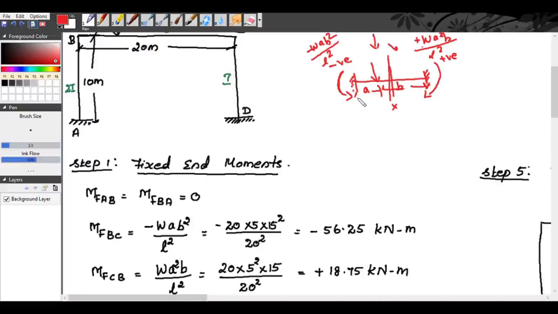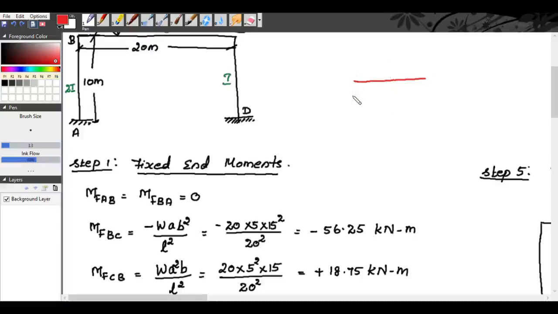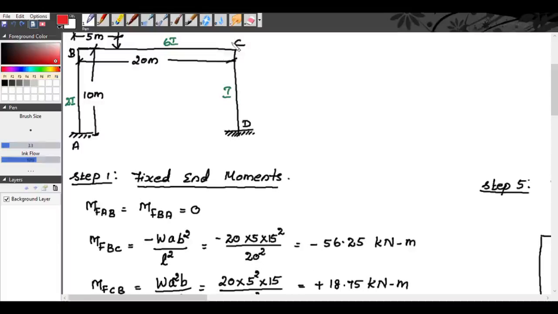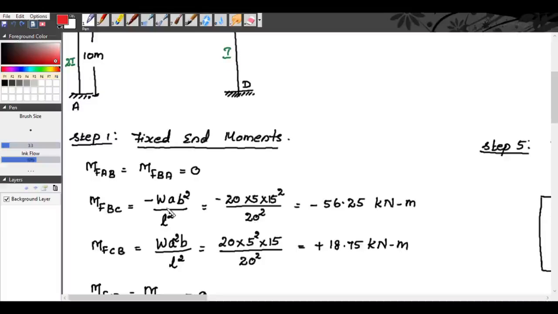So for the span BC, M of BC is minus W A B square by L square, W is 20, A is 5, B is 15, L is 20. We get minus 56.25 kilonewton meter.